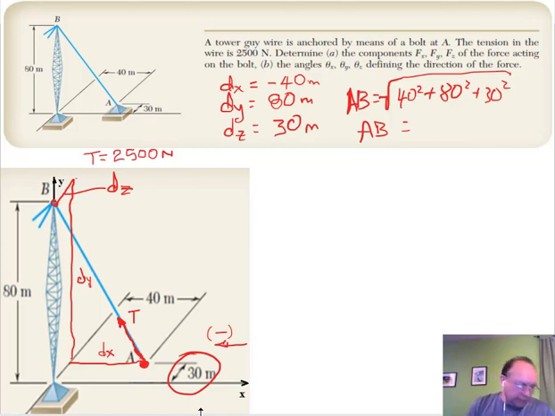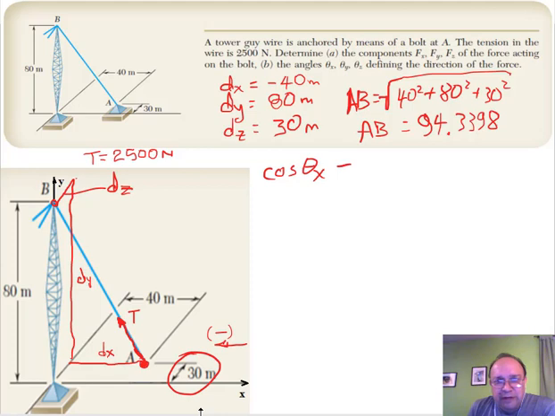From A to B we get 94.3398. Okay, so from here we can very easily get the cosines of the angles that the line AB makes with respect to the axes X, Y, and Z, which are the same angles that the force makes because the force goes in the same direction as the line.